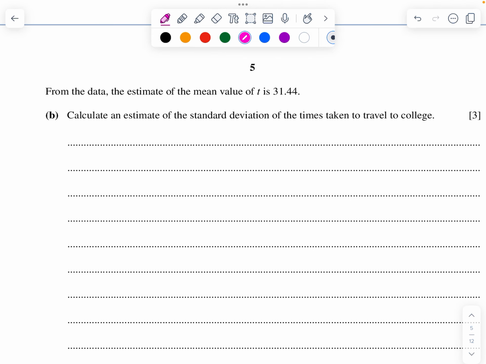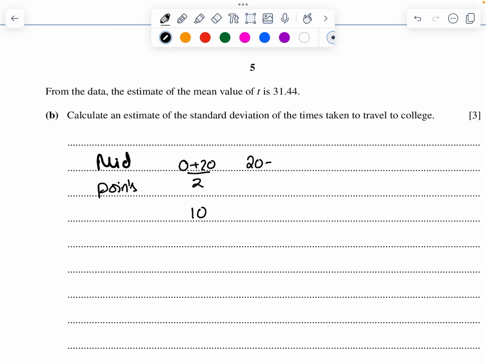From the data, estimate the mean value of t is 31.4. Calculate the estimate of the standard deviation of the times taken to travel. So for that, I have to calculate the midpoints. Midpoint: 0 plus 20 divided by 2, which is 10.